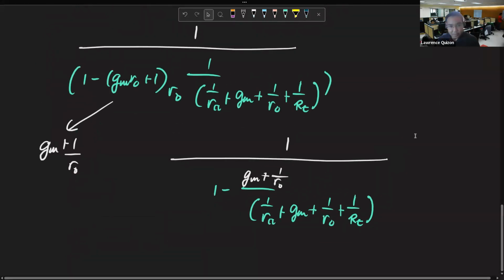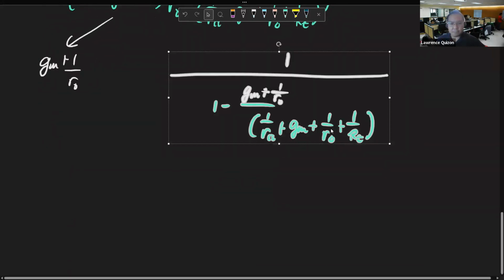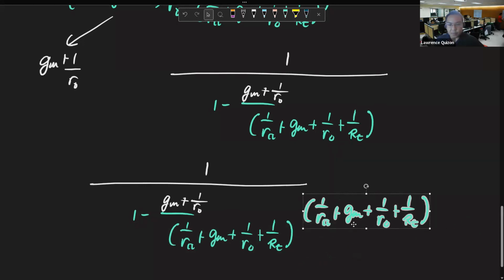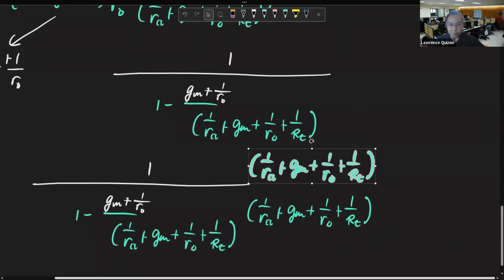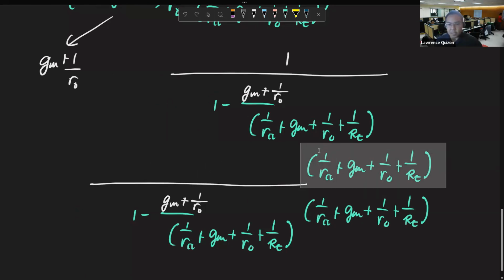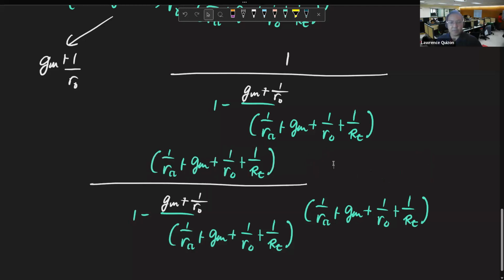So now that we have that, I'm going to multiply this thing to both sides of the equation. Essentially, what happens is it goes to the top, right?